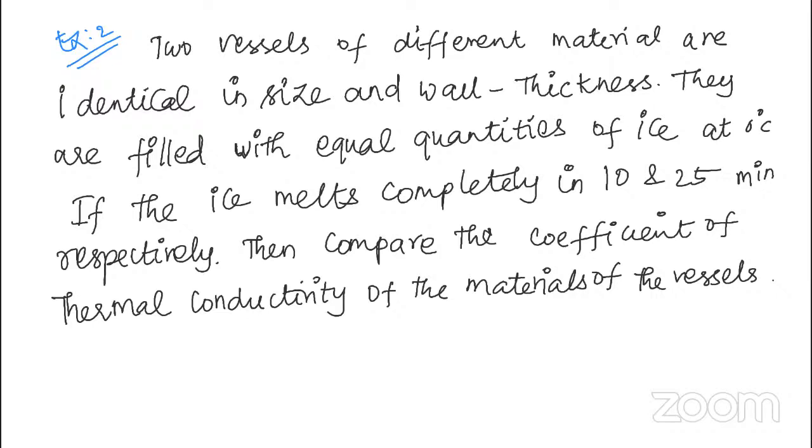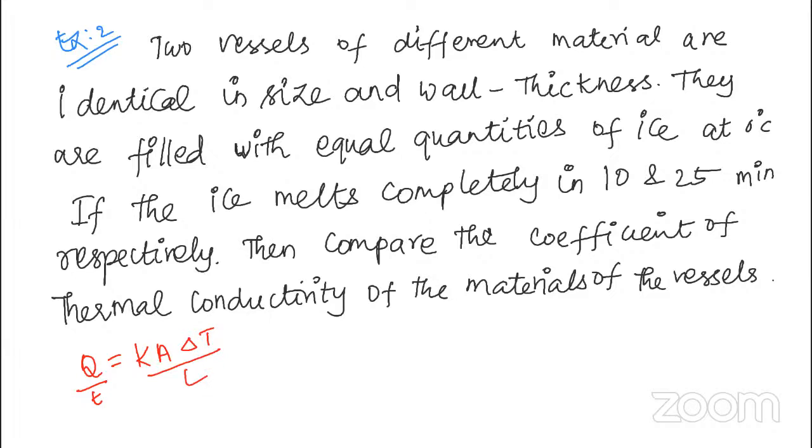The formula does not change. Our formula is Q is equal to K into A into delta T, the rate of change of Q by T is equal to K A delta T divided by L. So this is the formula.